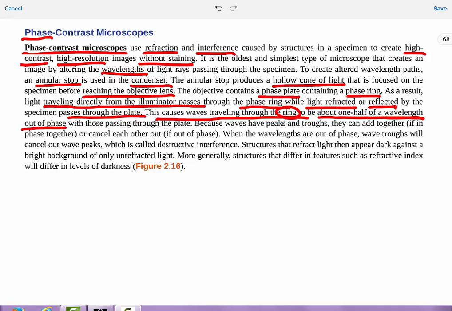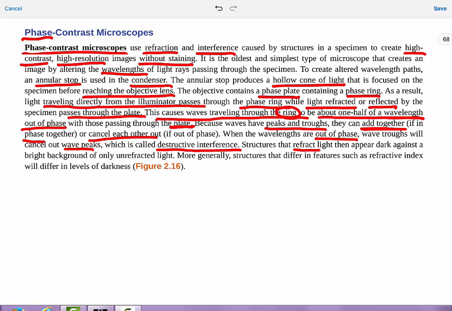They're not matched up with those passing through the plate. Because waves have peaks and troughs, the ups and the downs, they can add together if they are in phase or cancel each other out if they're out of phase. When the wavelengths are out of phase, the wave troughs will cancel out wave peaks, which is called destructive interference.